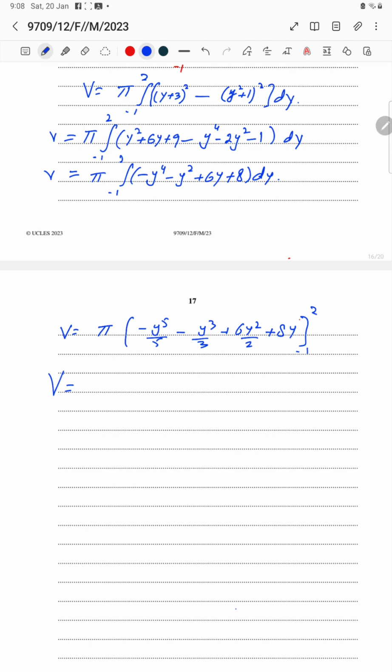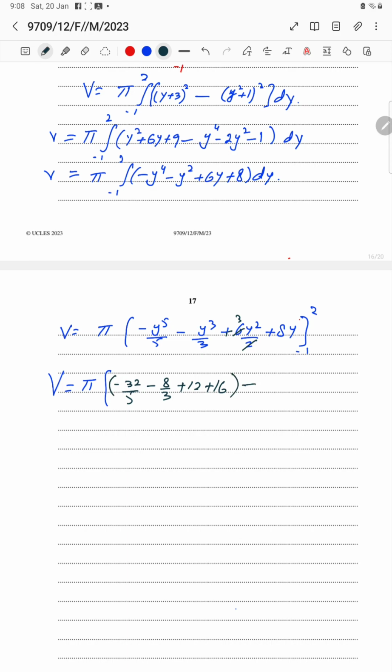Upper limit: minus 2 to the power 5 is 32 by 5, minus 2 cubed is 8 by 3, plus 3 times 2 squared is 12, plus 16.